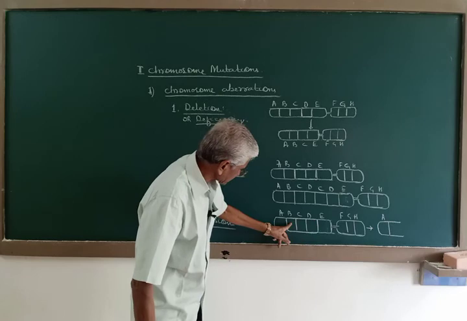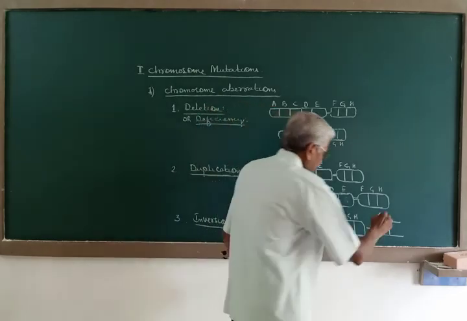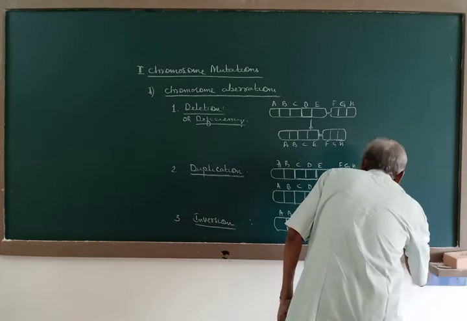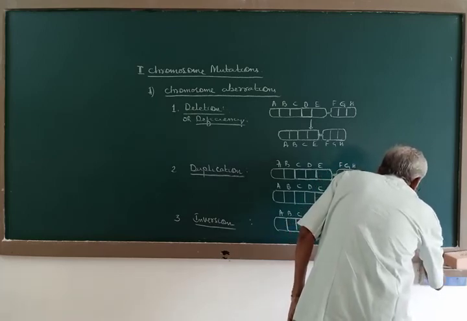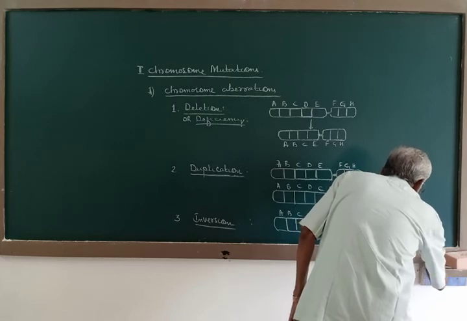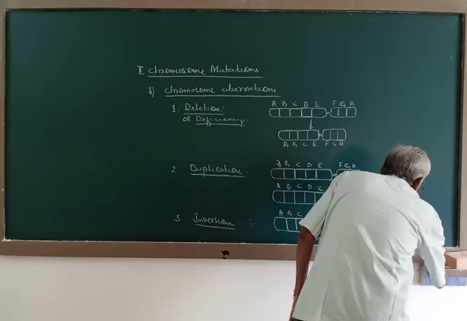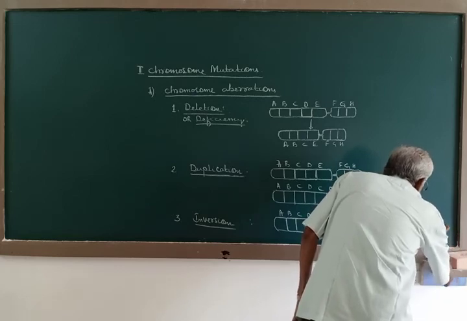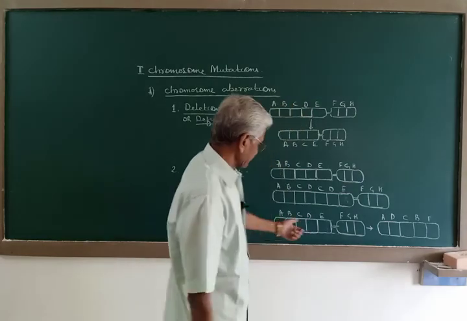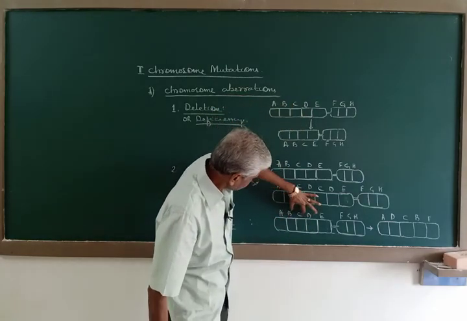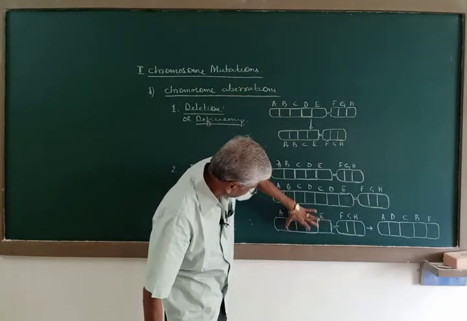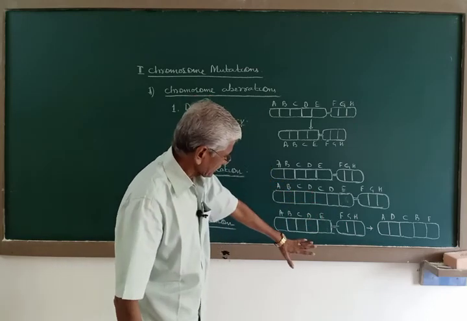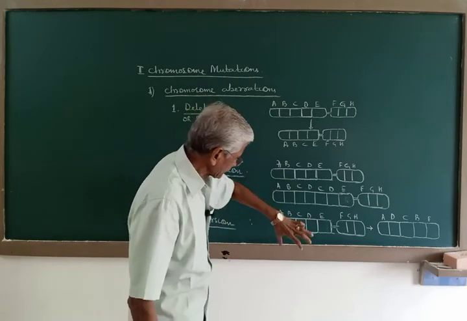So you will get first D, C and B. So here you have D, C, B, and then E. So this region, B, C, D, this segment, this fragment separates, rotates and rejoins.